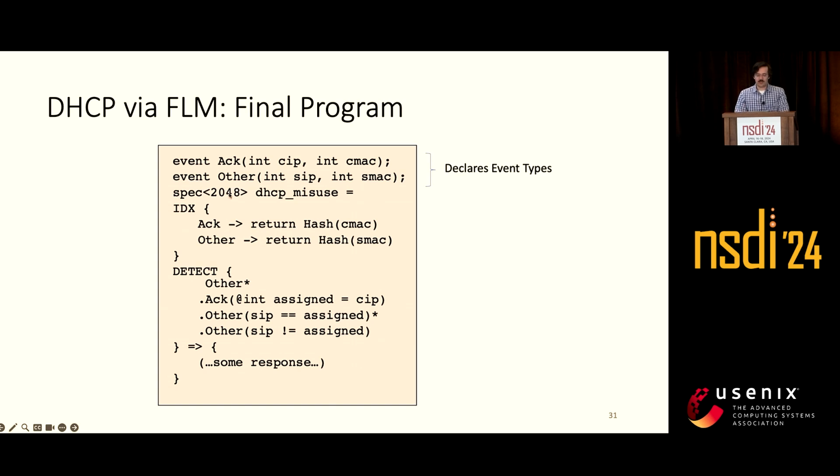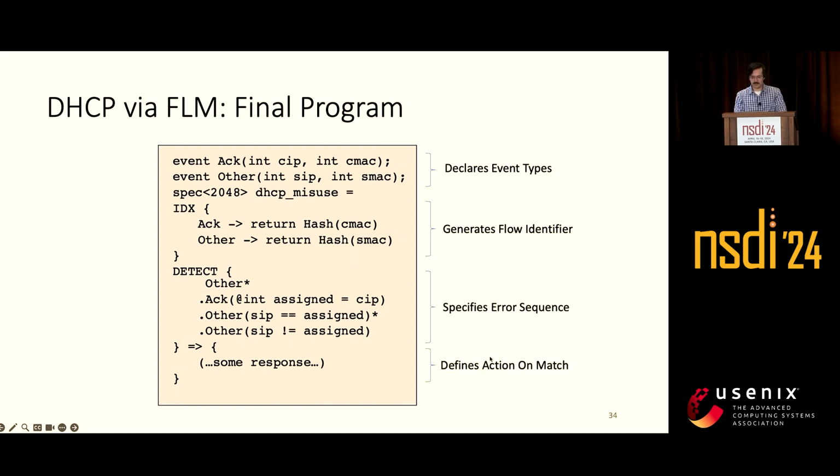So that means it can monitor up to 2048 MAC addresses at a time. And then the user will define some index into that space. In this case, it's just hashing the MAC address that was in both of the events. Then you'll say detect. You give the pattern, which we just came up with.